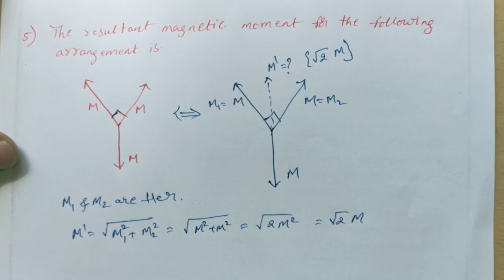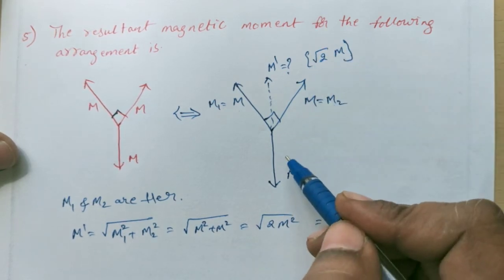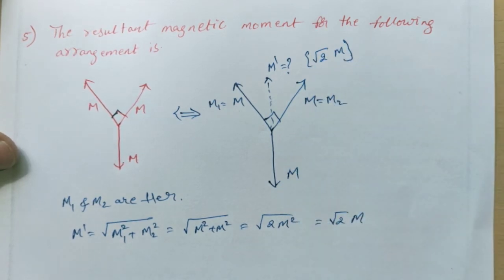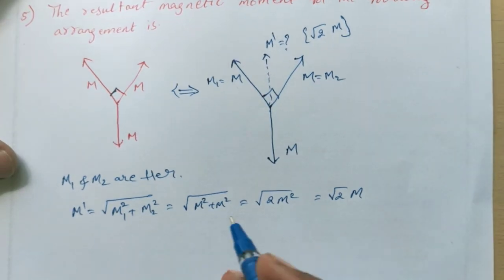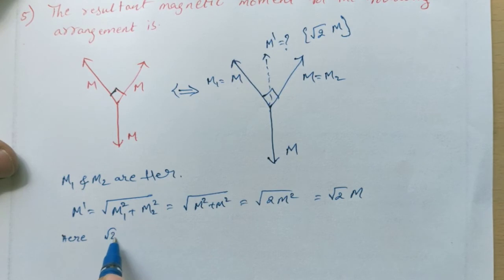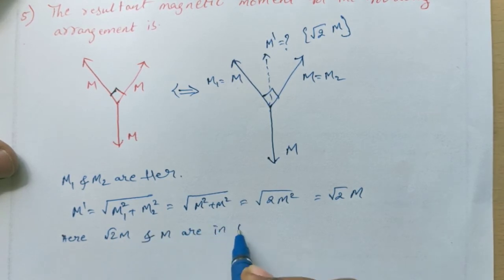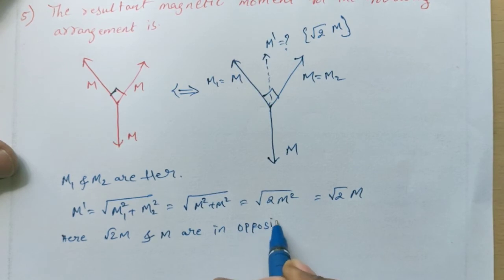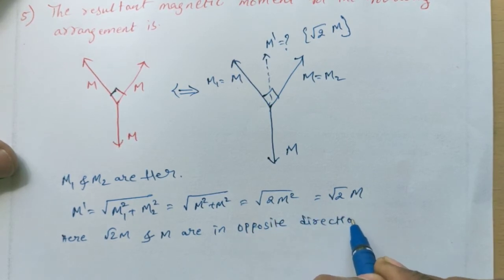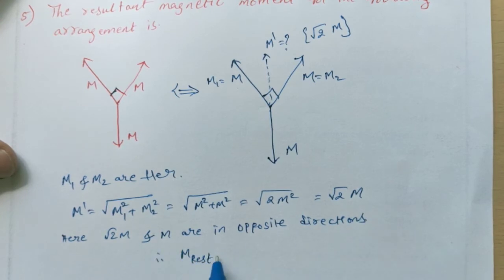Observe, students: this root 2m and this m are in opposite directions, as shown in the diagram. Therefore the final resultant is the greater value minus the least value.